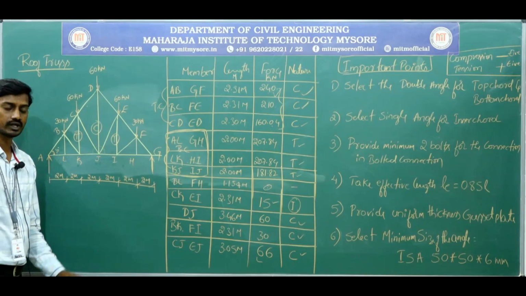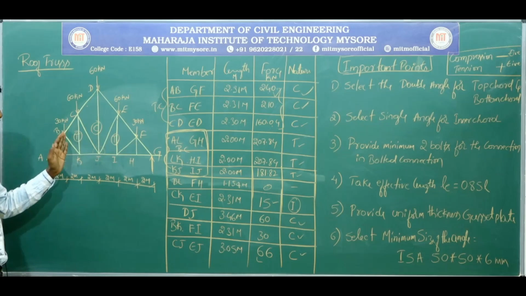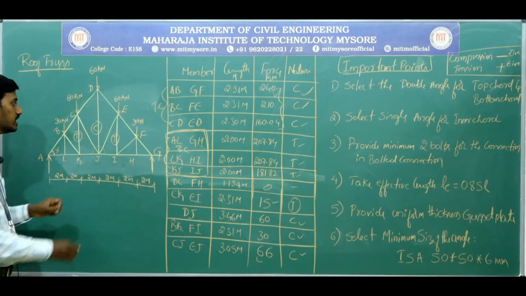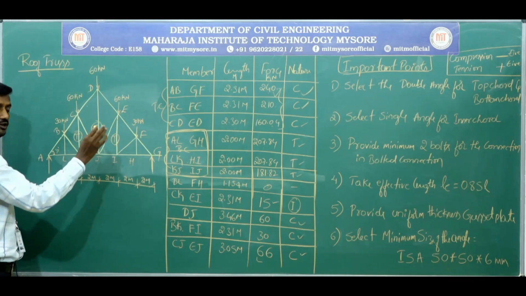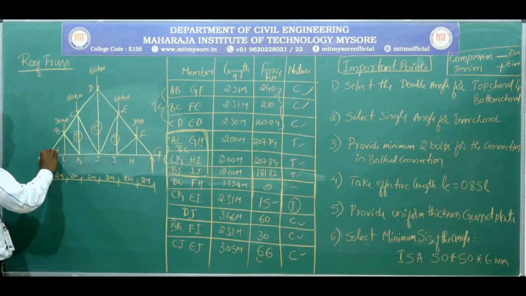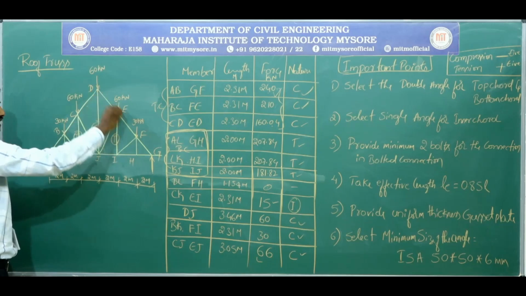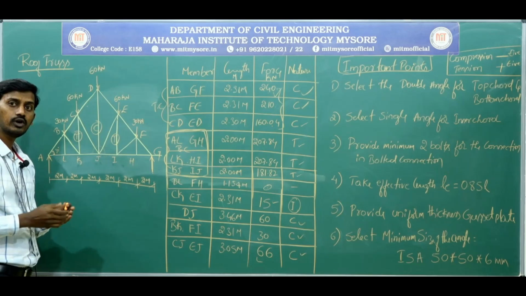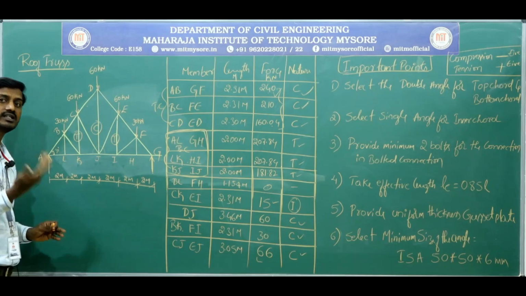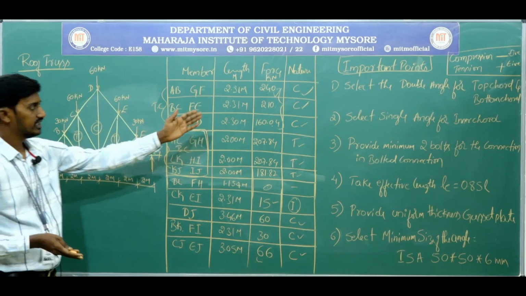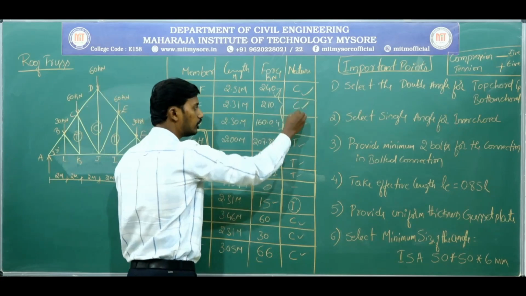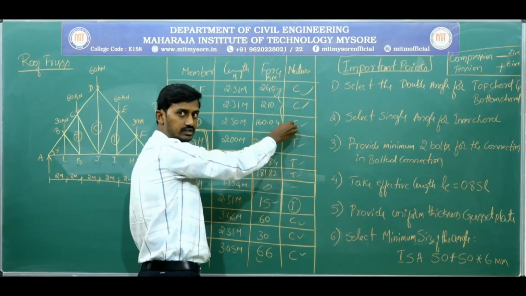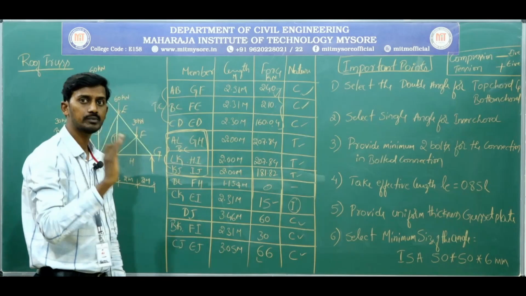out of this, by considering 66, we'll design as compression member. So wherever both natured forces, that is tension and compression force, are given, in the inner chord, or if you get compression and tension in the top chord also, you need to design for tension member and compression member both. In this problem for the top chord, we got only compression as the nature of force, so we are going to design it as only compression.